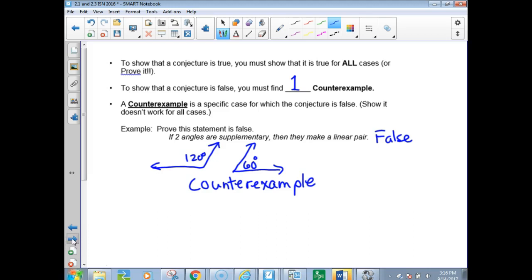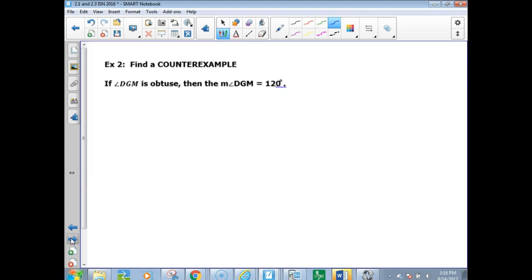I think I provided us with a second opportunity to give an example. So I wrote an example number 2. If angle DGM is obtuse, that means it's over 90, then angle DGM has to be 120. Well, false. Can I make a different angle that's obtuse? How big could it be?